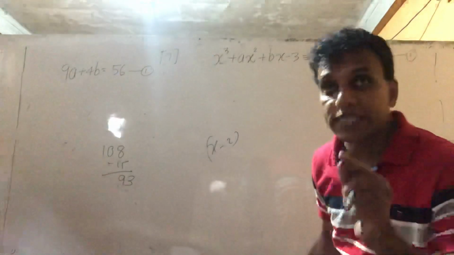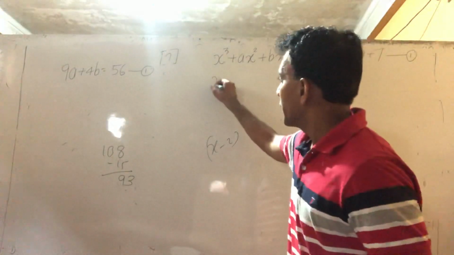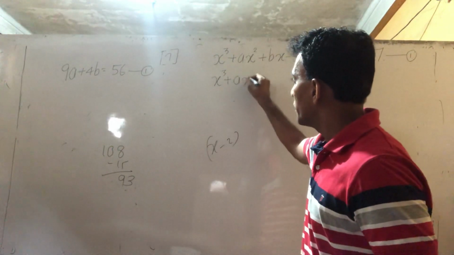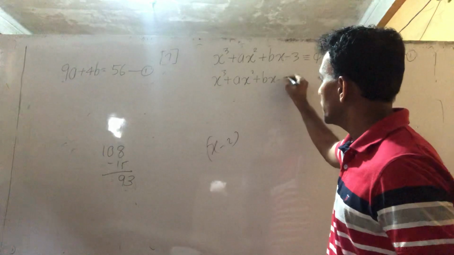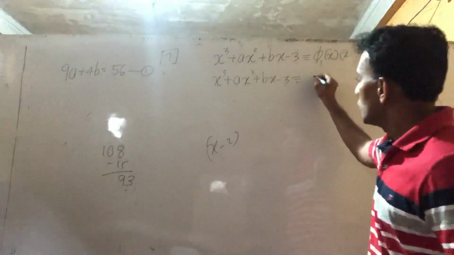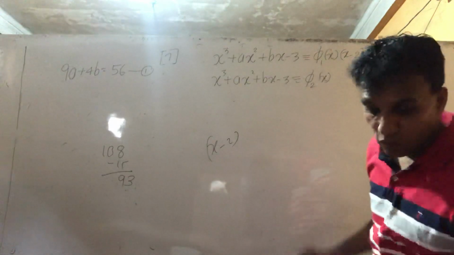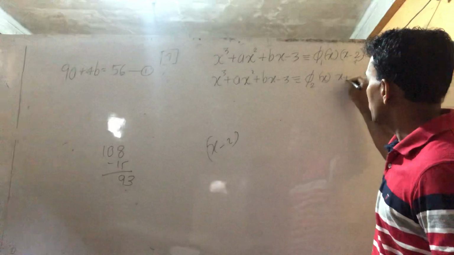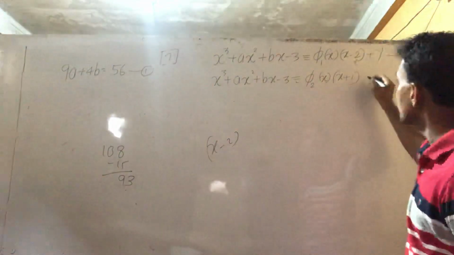So this polynomial, x cube plus ax square plus bx minus 3, divided by x plus 1, the remainder is minus 20.